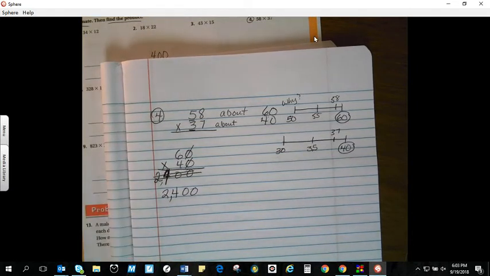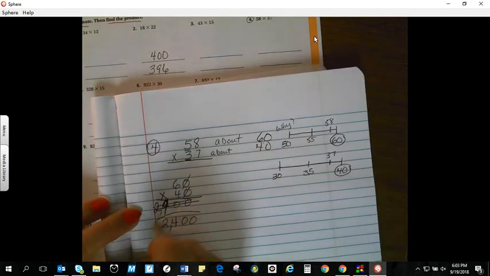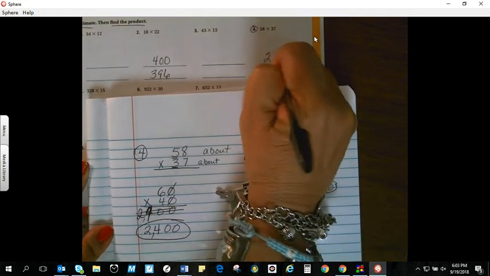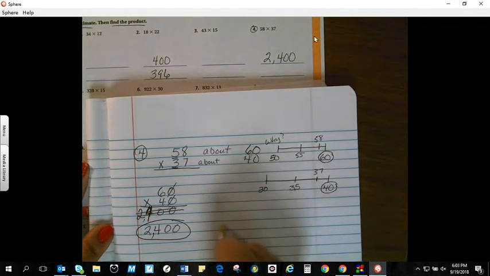All right, so now I have an estimated amount of 2,400. If you want to, you can go ahead and log that here. And now I'm going to find the exact answer. Okay, so now I'm doing 58 times 37.